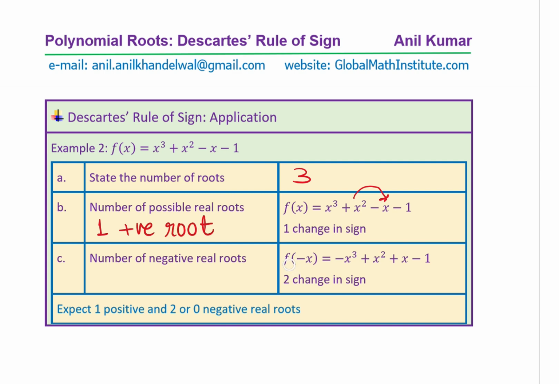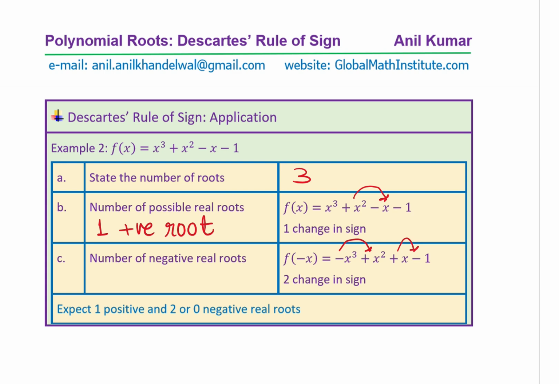Now, you have to check f of minus x for possible negative roots. So if I make x negative, all the odd terms' signs will change. So it will be minus x cubed plus x squared plus x minus 1, and that gives me one sign change from the first two terms, and then again a sign change for the next two terms as shown here.